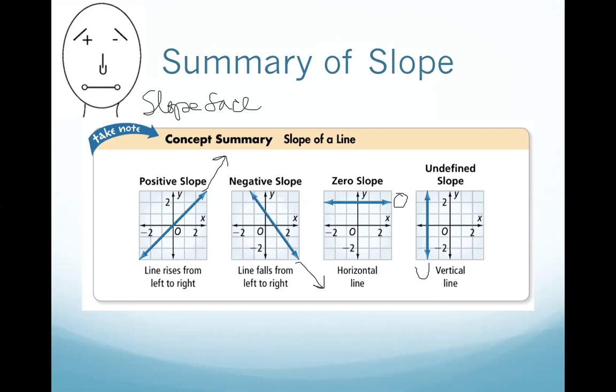So we have the face. The eyebrows going on the outside remind me which one's positive and which one's negative. The nose is undefined, and the face with the little cheeks is 0. So vertical lines are undefined and horizontal lines are 0.